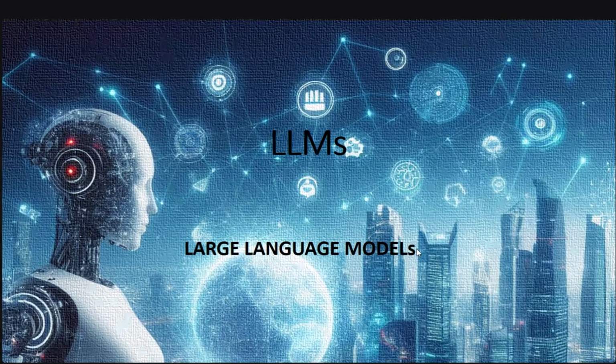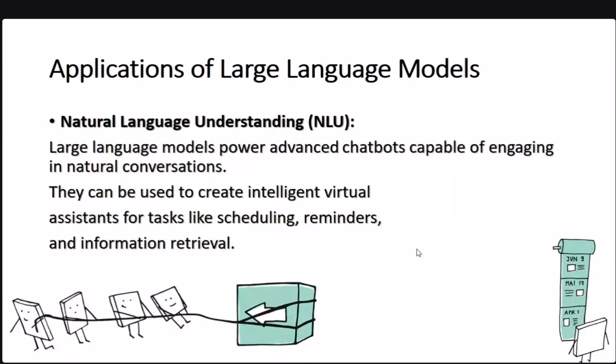Before getting into what large language models actually are, let's look at their applications. Since you have seen ChatGPT and many others like Llama and DeepSeek, one of the magical things about these is that they can understand natural language.